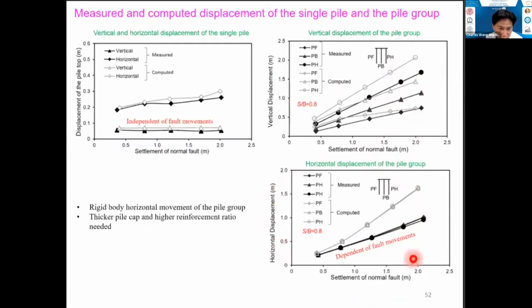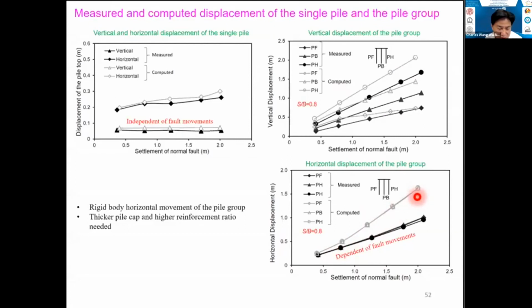Now for the horizontal displacement of the pile group, a different phenomenon can be observed. You can see all three piles, the measured ones here, almost fall on the same line, and all three piles from the computed results again fall on the same line.